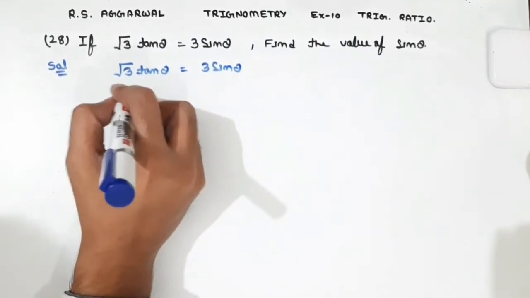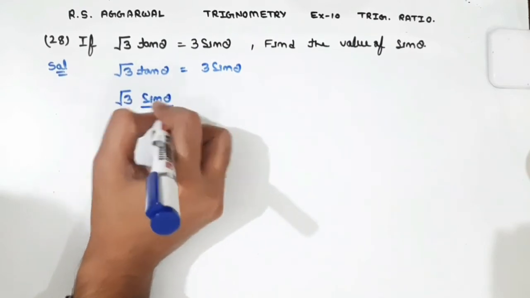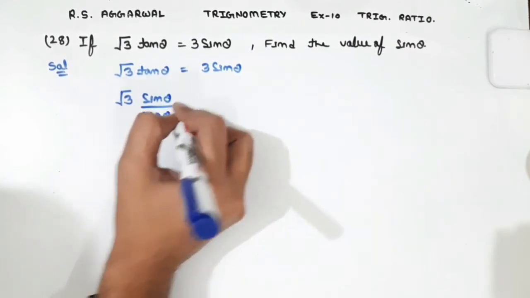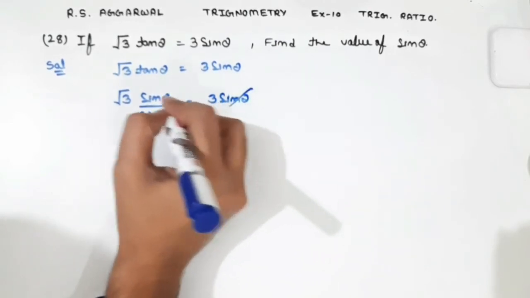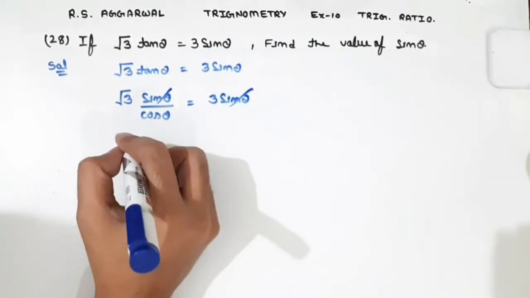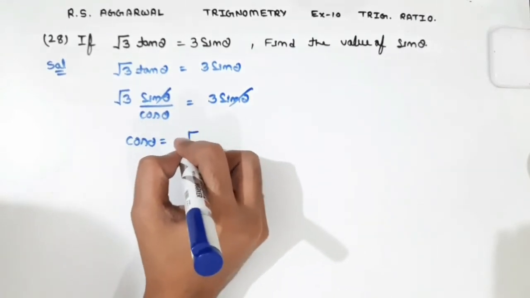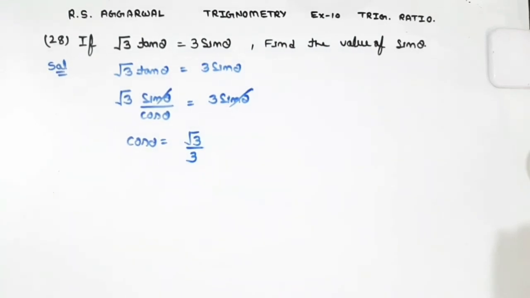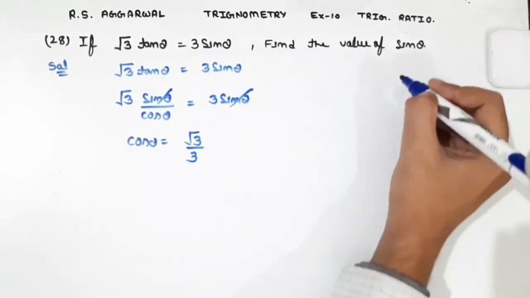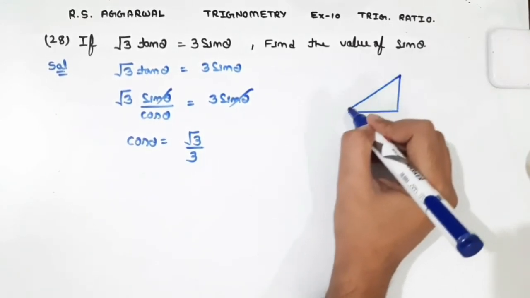So we can write tan theta as sin theta upon cos theta equals to 3 sin theta. So sin theta will be cancelled out. From here cos theta will be equals to under root 3 upon 3. So now draw a right angle triangle ABC.